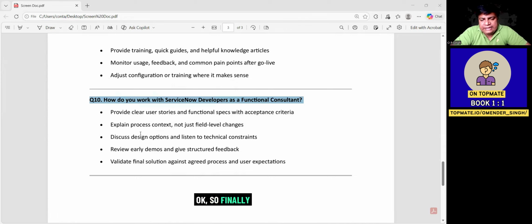Finally, in the end, you check that whatever is built in ServiceNow is as per your process and as per the business expectation which you asked the developer to meet. If not, you can make some tweaks, but work with the developer to make sure the complete requirement is satisfied.